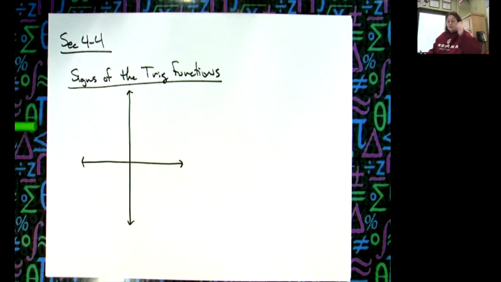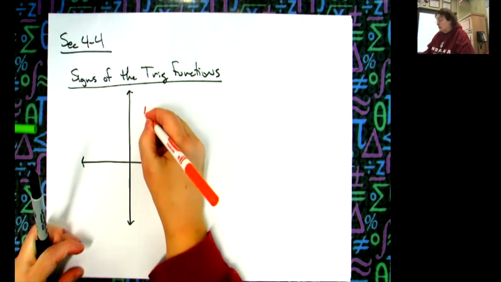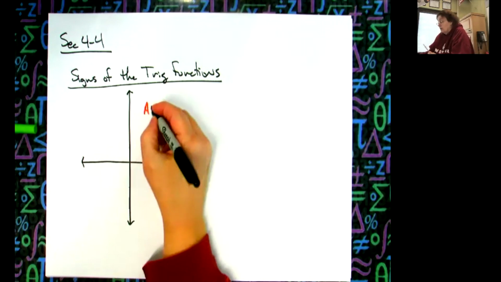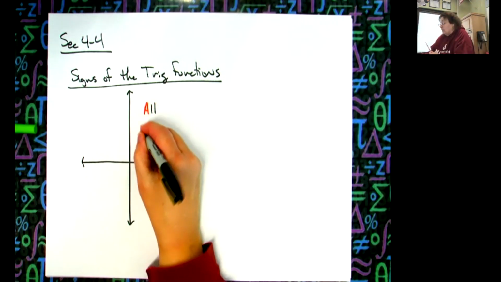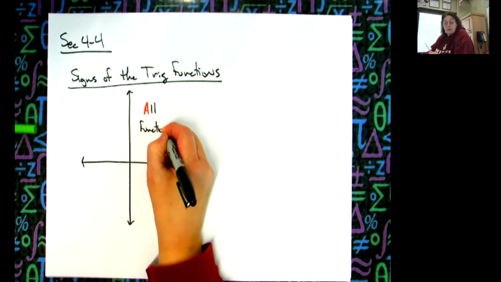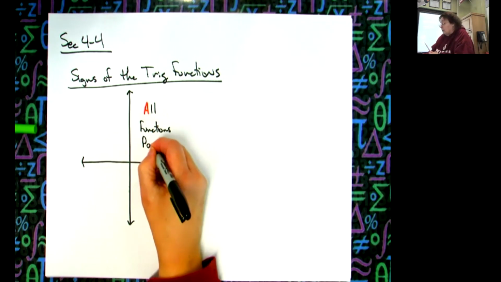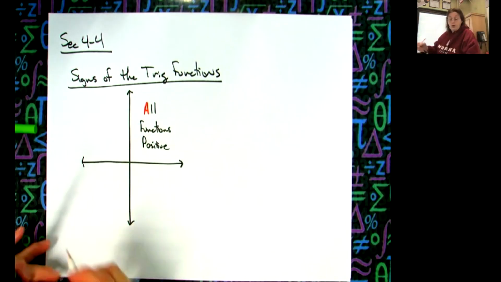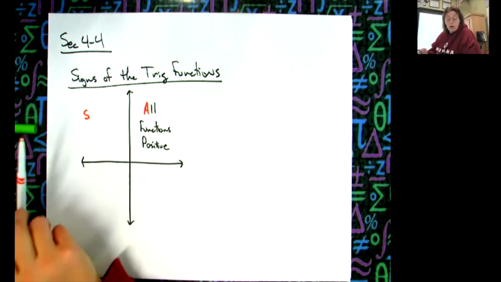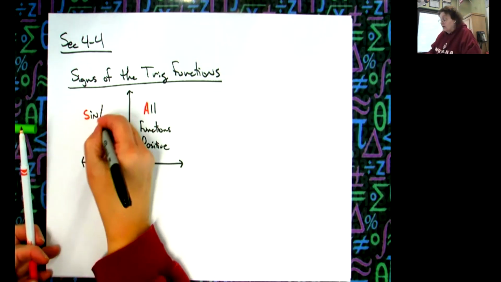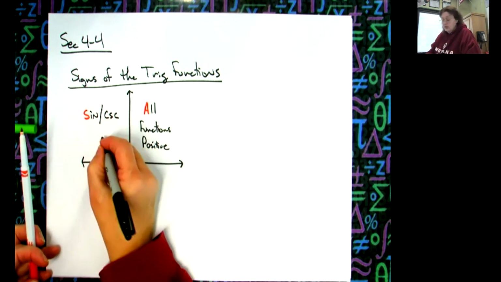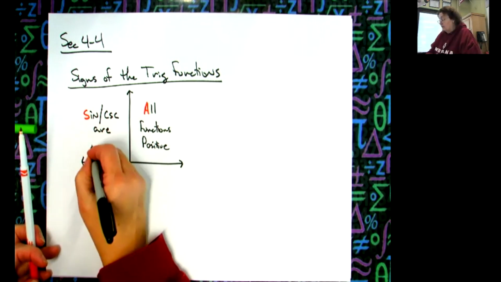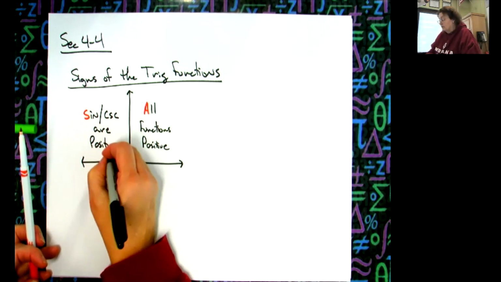Now I am going to set this up to help with the mnemonic here. I'm going to color code this. All functions are positive in the first quadrant. So that A is going to be part of my mnemonic. In the second quadrant, I'm going to have sine and cosecant as the positive trig functions.